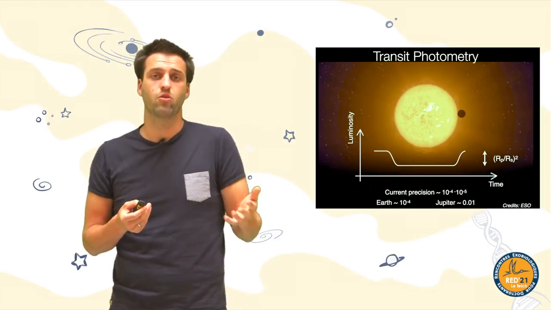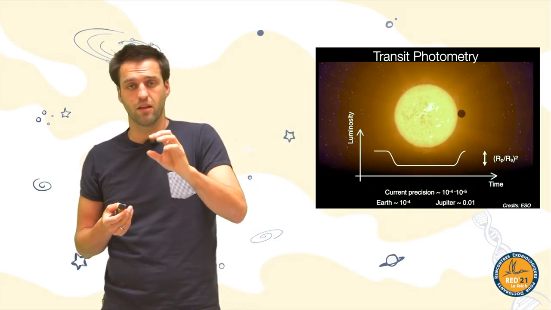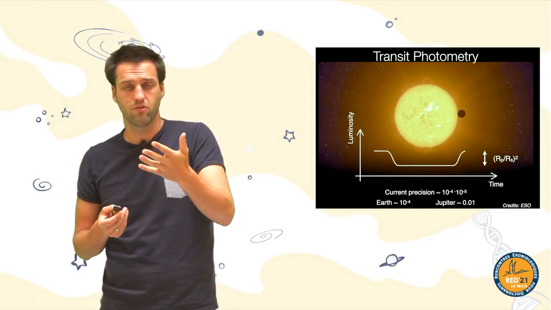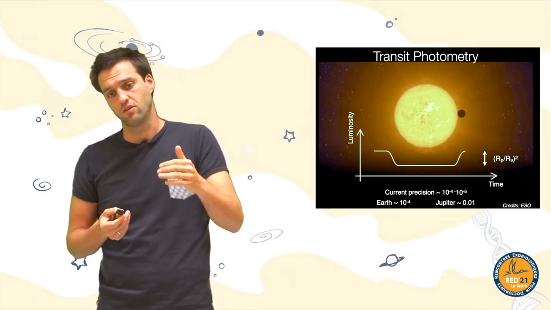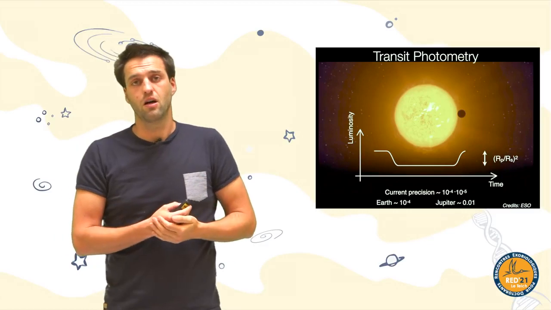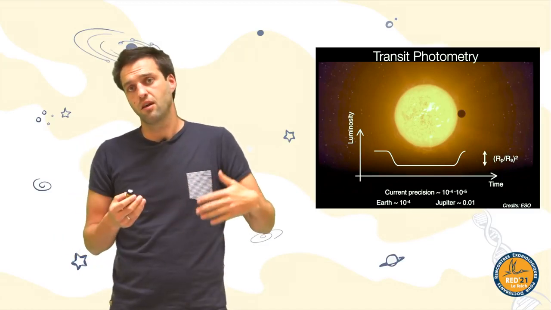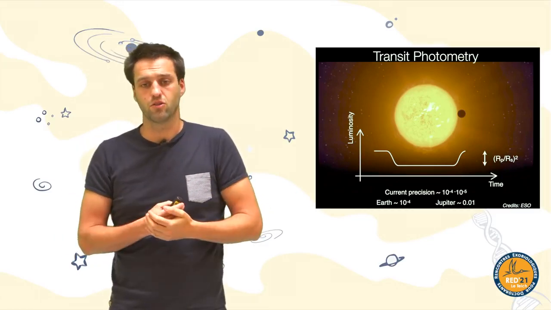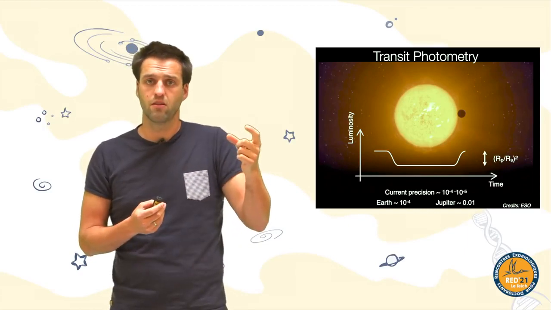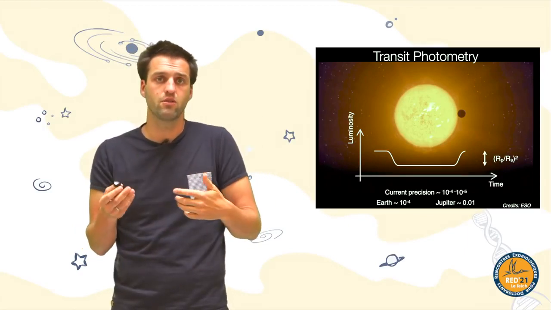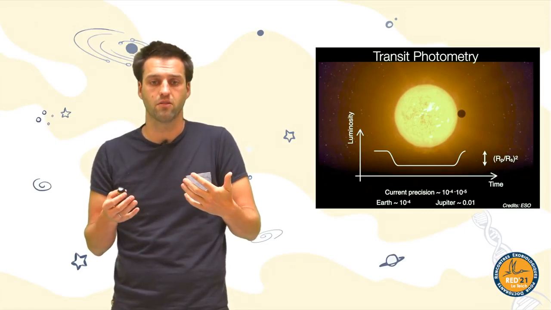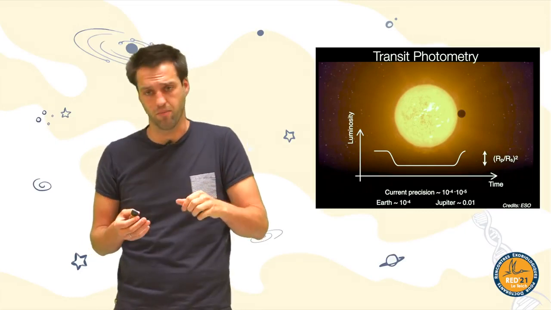So it's barely detectable with this technique. And that's why we discovered, thanks to this, planets of the size of the Earth. Jupiter is much bigger. It's 10 times bigger than the Earth, give or take, and 10 times smaller than the Sun. So it means that the area ratio is about 1 in 100.